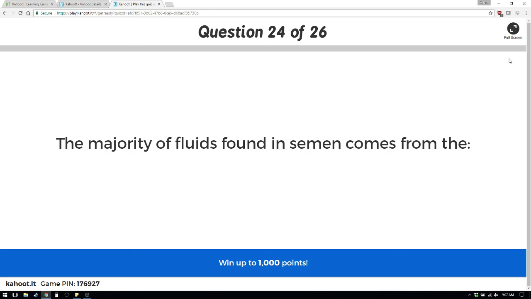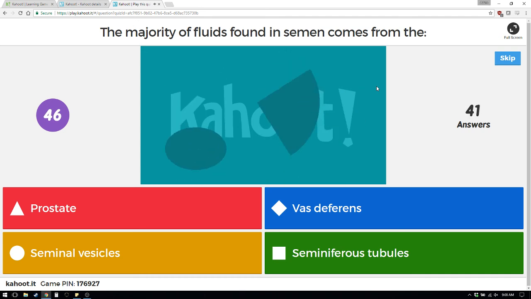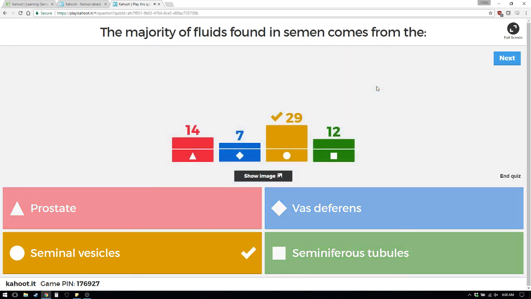Moving on. What more we got? 3 more questions. All right, majority of fluids found in semen comes from the... Seminal vesicles, yeah, produce a lot of the fluid.